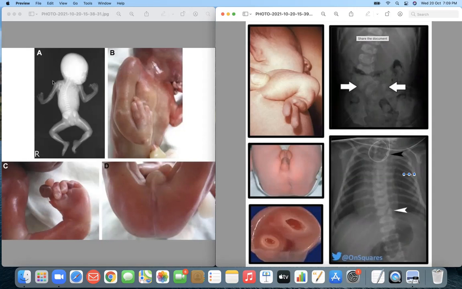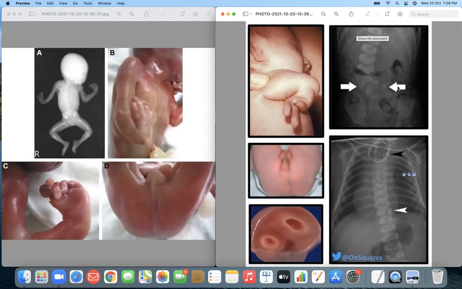In the X-ray, you see in the first picture scoliosis. Scoliosis is easily seen here. And this vertebra has a vertebral break. We call it butterfly vertebrae. Above is sacral dysgenesis.